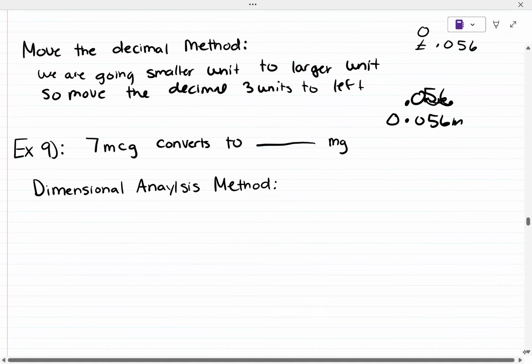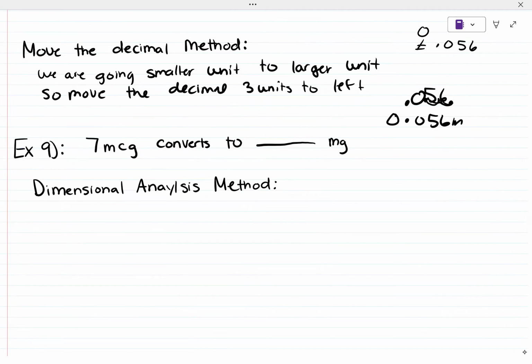Okay, example 9, we have 7 mcg converts to how many mg? So start with the dimensional analysis method. So 7 mcg times mcg in the bottom and then mg on the top.